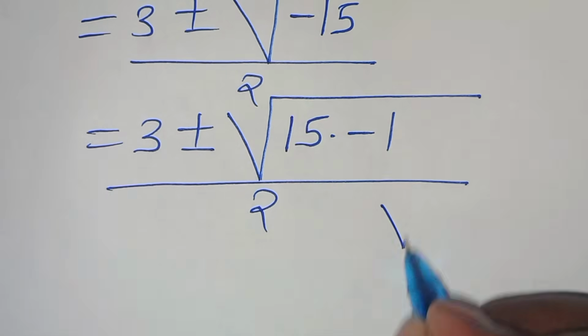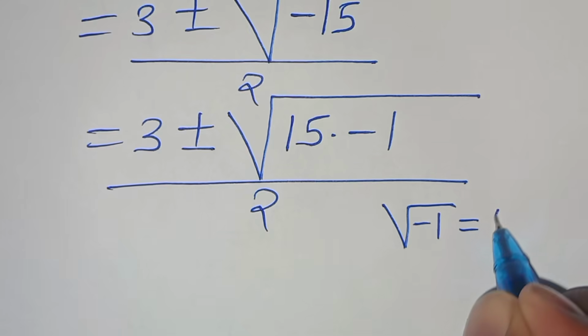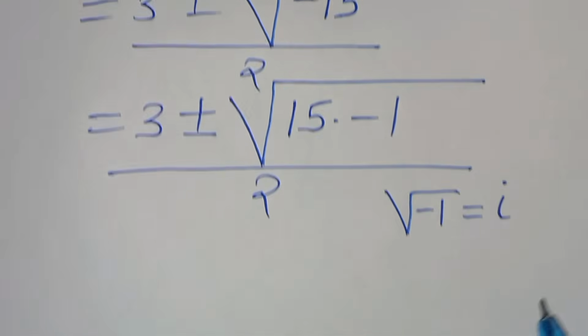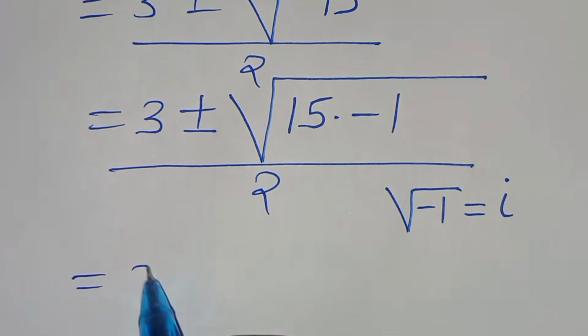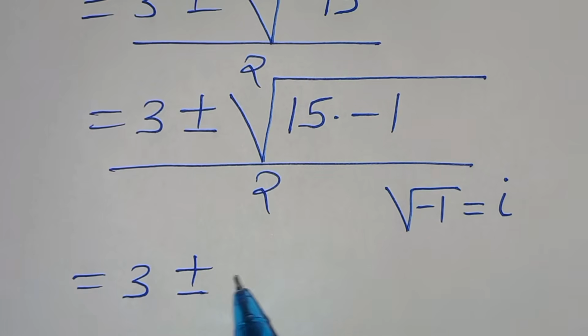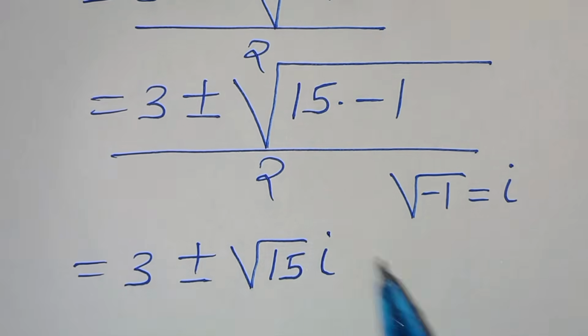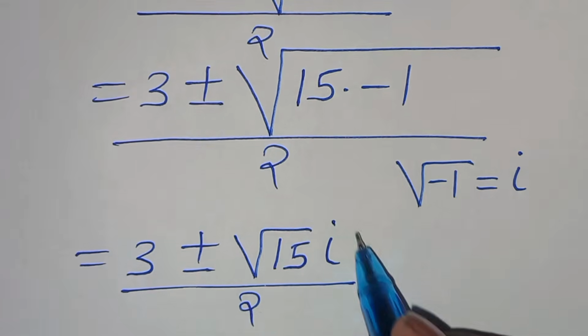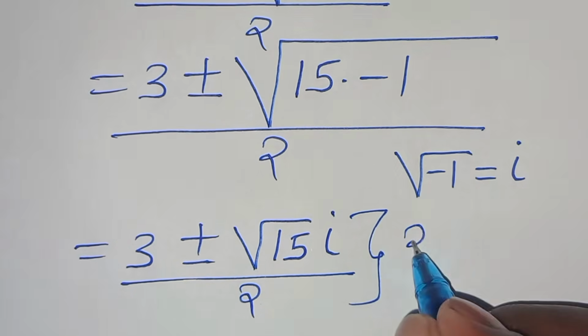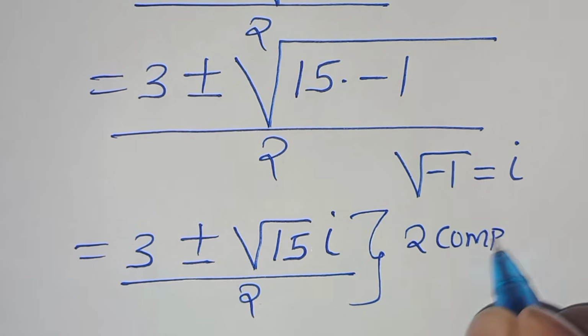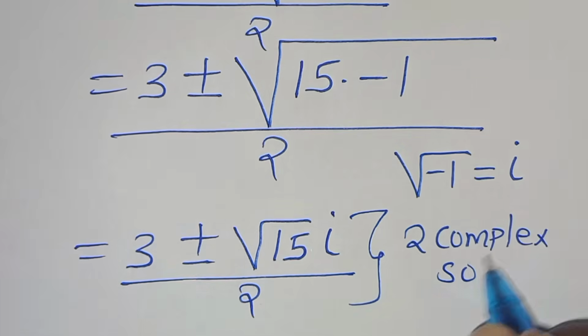We have that the square root of minus 1 is the same thing as i. So this is 3 plus or minus the square root of 15 multiplied by i divided by 2. So these are two complex solutions.